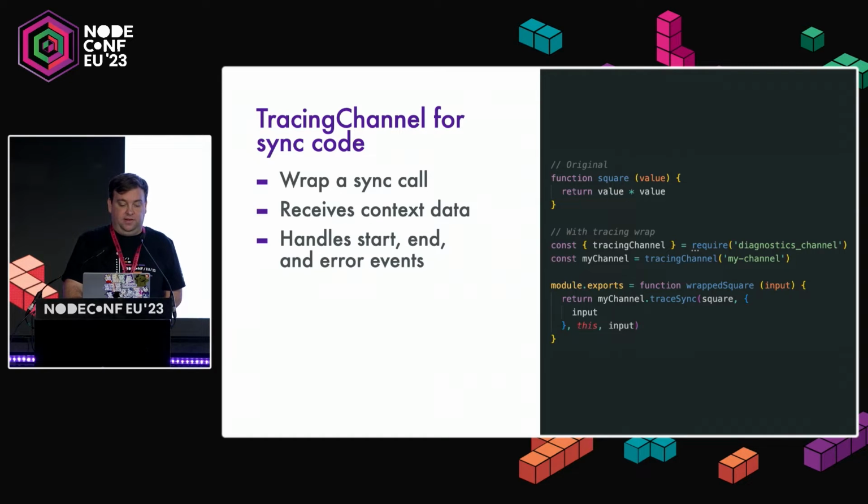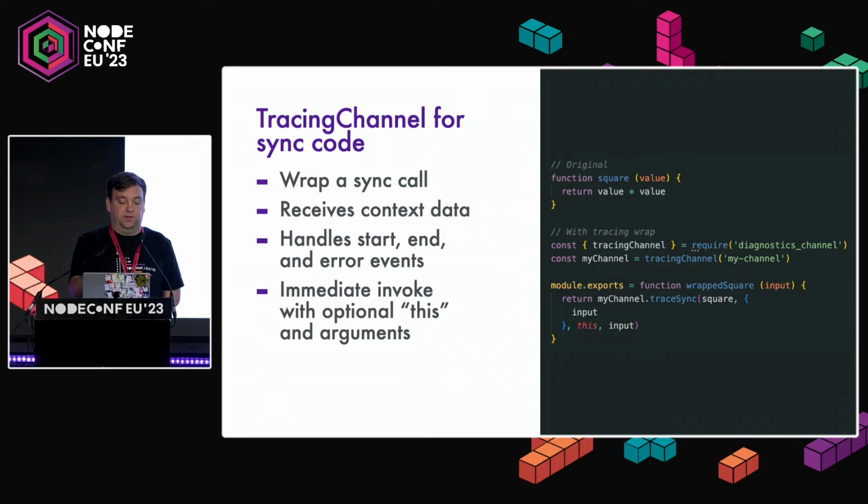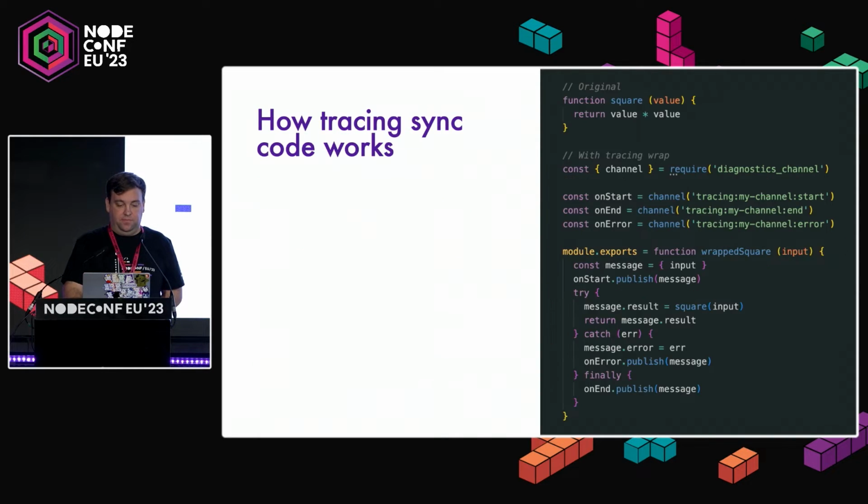And this will handle the start, end, and error events. It'll just wrap those automatically. It immediately invokes this, but we can also optionally pass in this and input arguments if we want to do that. And it also passes through the return value.